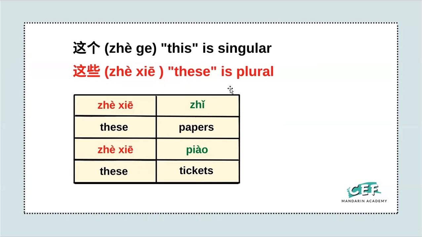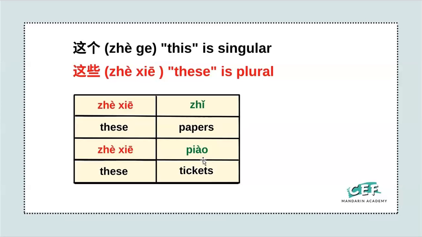It is plural. 这些, we no need to use 张 anymore. We no need to say 这些张纸, no need. So you just say 这些纸, easy, right? So 这些纸 is these papers.